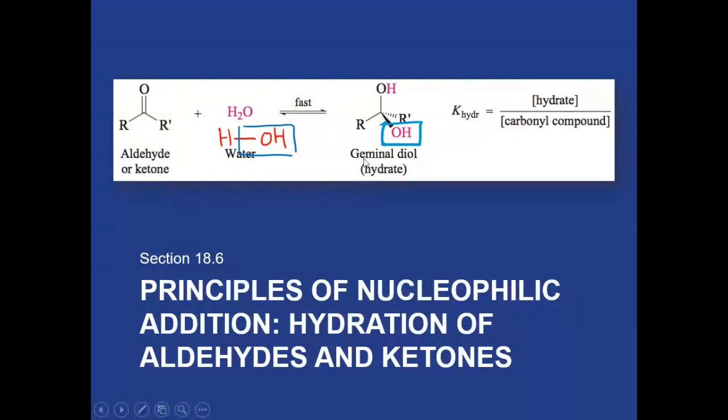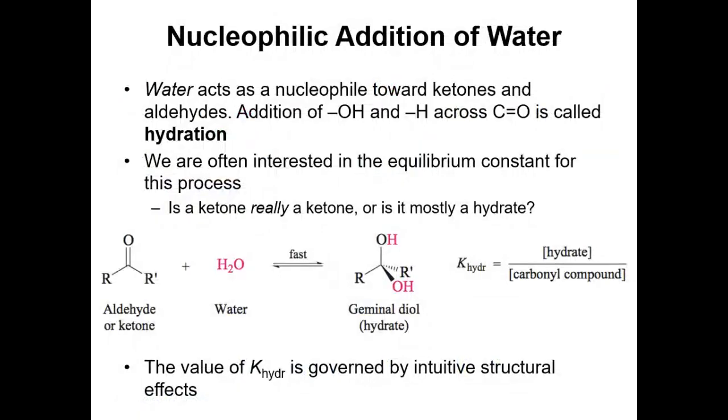Two OH groups connected to the same carbon is called geminal diol, also called hydrate. We can look at this reaction from its thermodynamic aspect, meaning how likely this reaction is to happen, which is quantified by the equilibrium constant, the hydration constant. And also we're going to look at the kinetic aspect, how fast the reaction will happen.